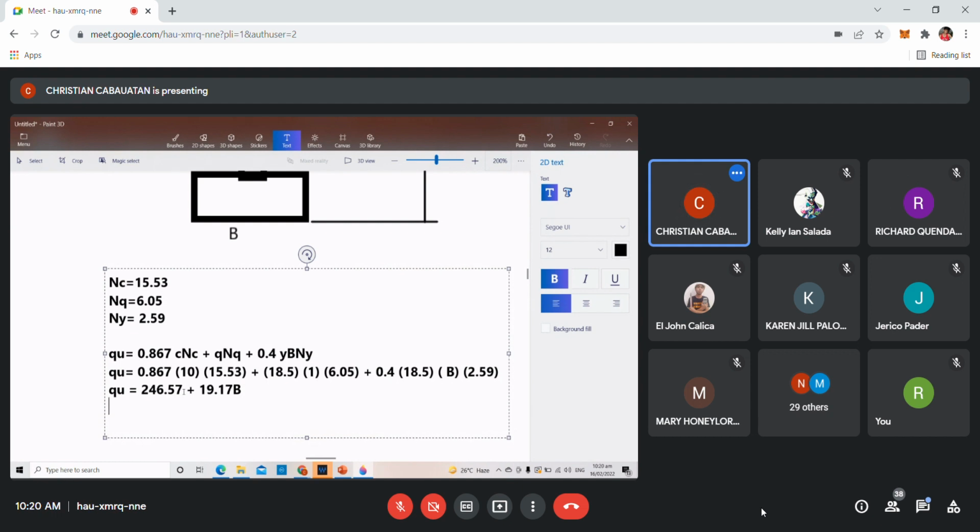So, ang next step natin is to determine its allowable by using its factor of safety. Okay? So, Q allowable is equal to 246.57 plus 19.17 B divided by its factor of safety, which is 3.